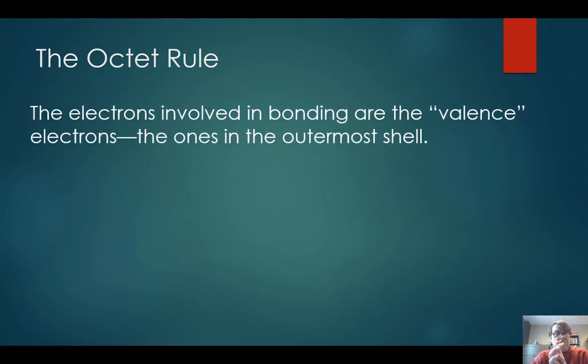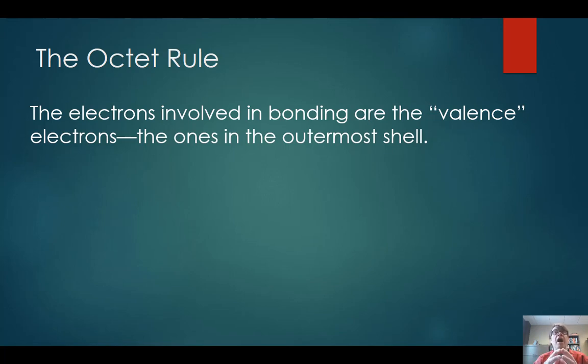Then we have this thing called the octet rule, and the idea is that the valence shell, that is the outer shell of the element, wants to get to 8.